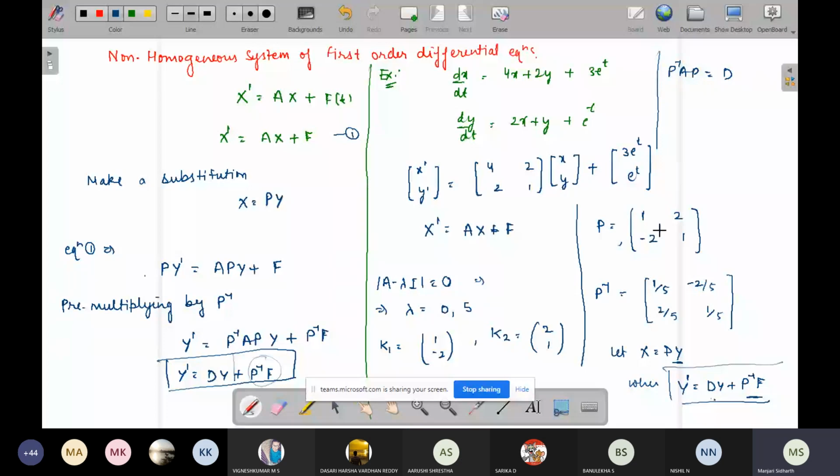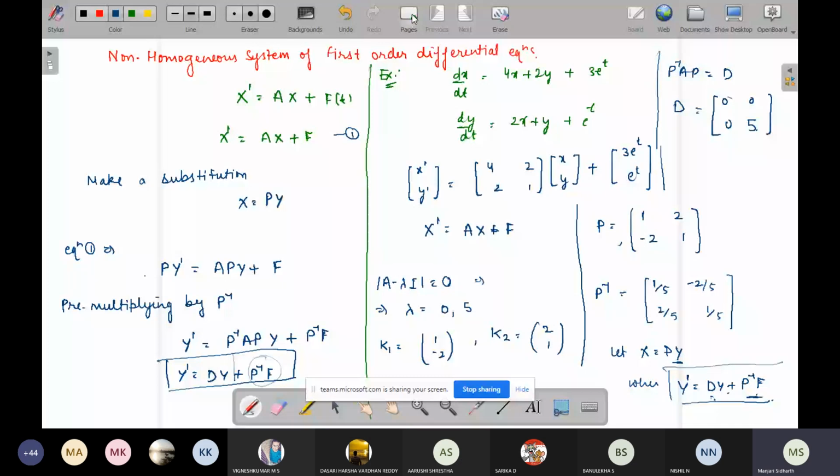If your P inverse is correct, definitely you will get the D matrix as 0, 0, 0, 5, with eigenvalues on the principal diagonal. So directly you can write D. Now everything you have, D, Y, P inverse, F, substitute all the values.